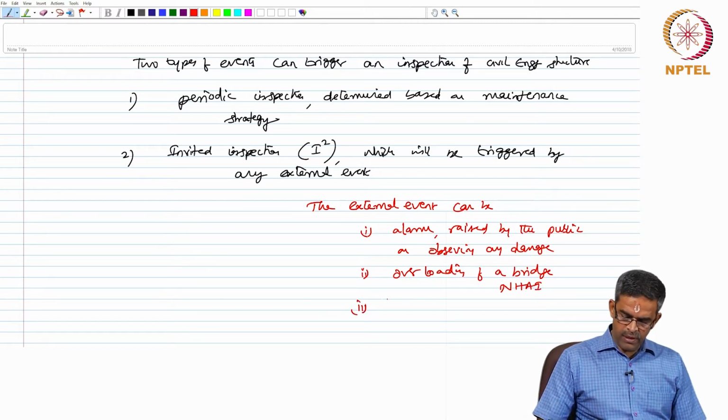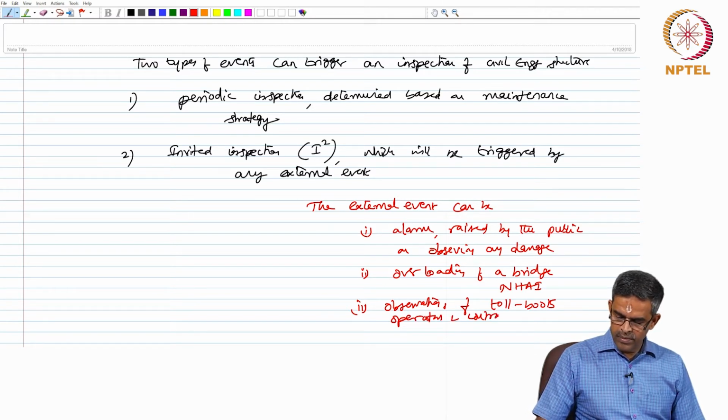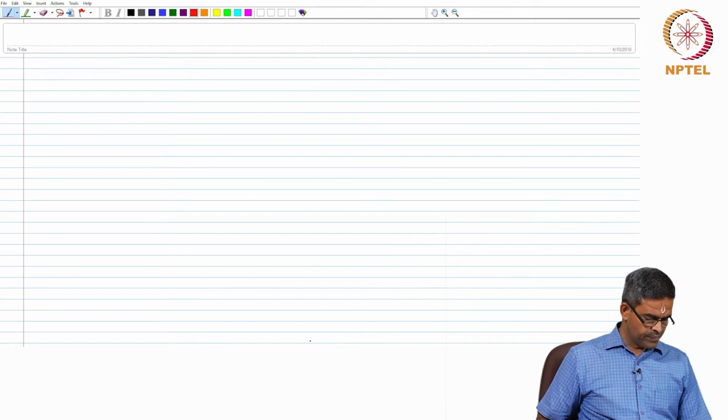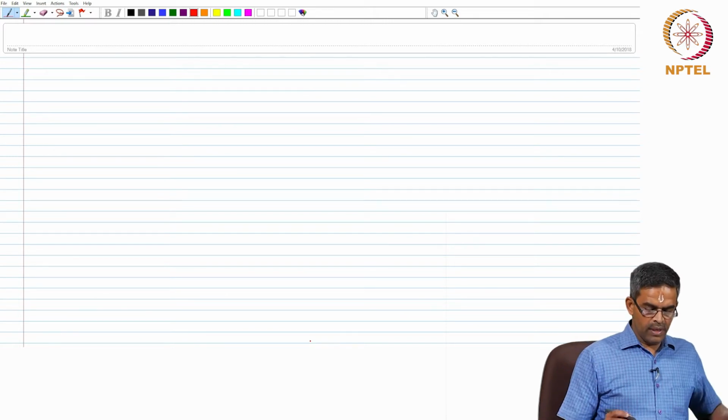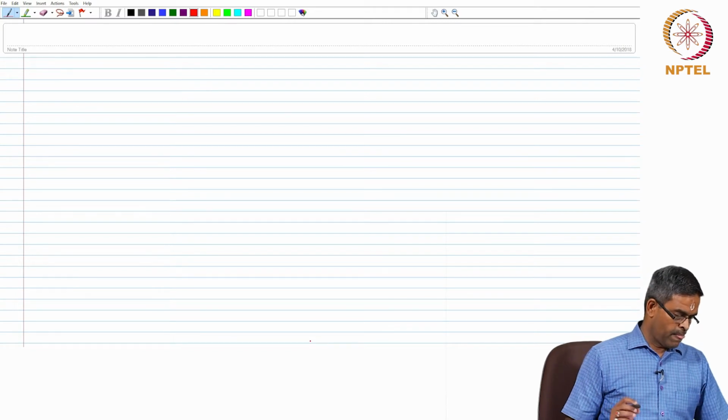Third, it can be observations of toll booth operators and contractors of highway. In case of railway, it can be permanent way inspectors.